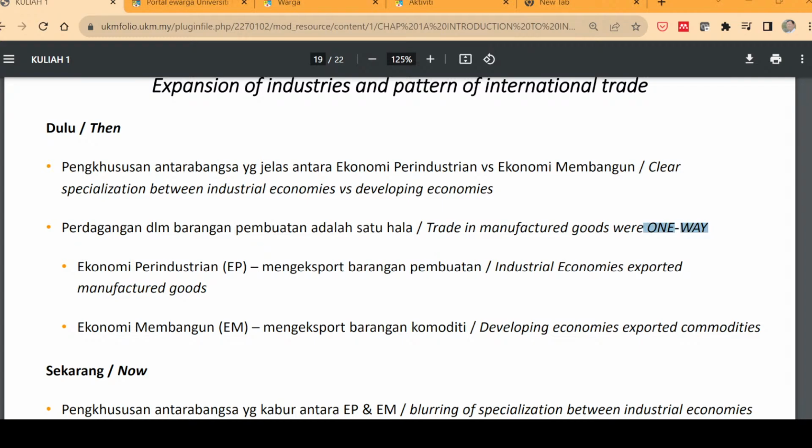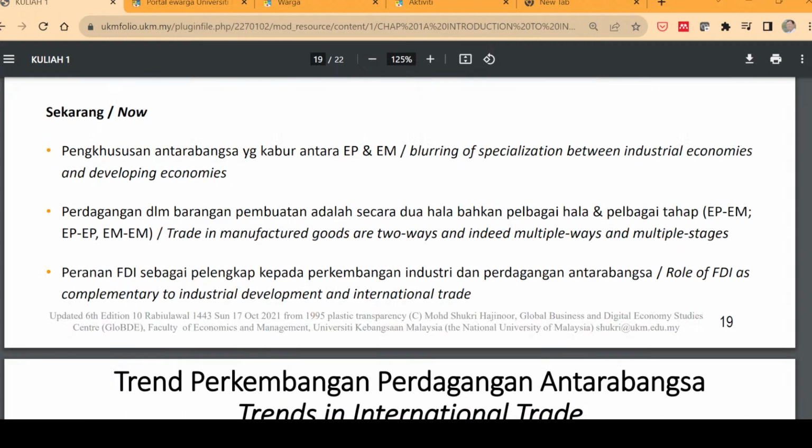But since the mid-80s, developing countries, for example Korea, Malaysia, China, and many other developing countries, became also countries that manufacture, produce, and export manufactured goods.